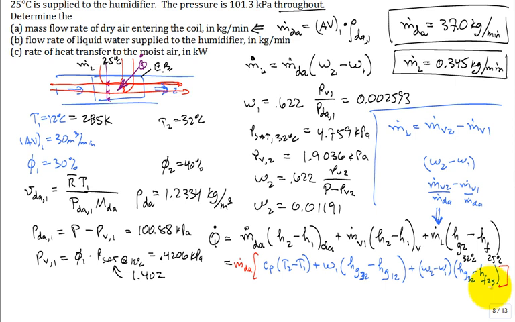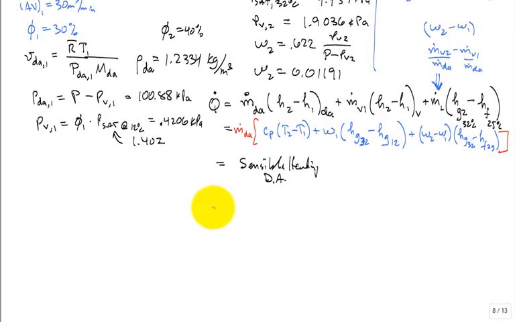So what we find is that the first term, which is the sensible heating of the dry air, let me scoot down a little more, that first term, the sensible heating of the dry air, is 12.4 kilowatts. Okay. What about this second term, multiplying by the mass flow rate of dry air? Maybe I should give you the value so you can look it up.